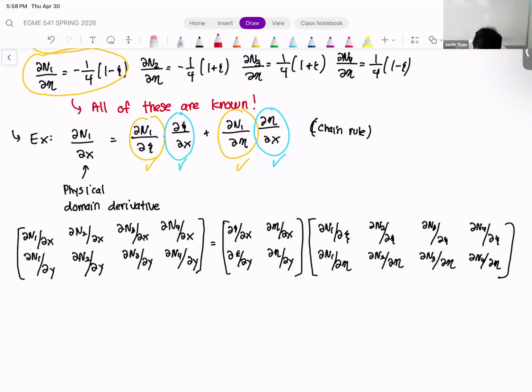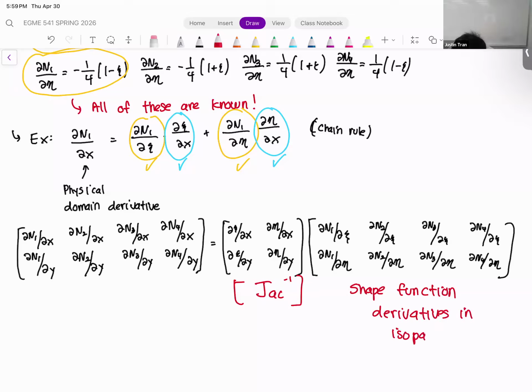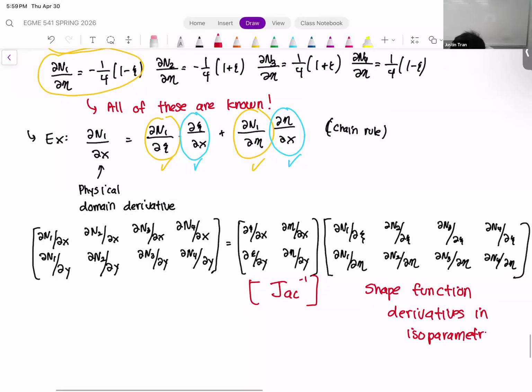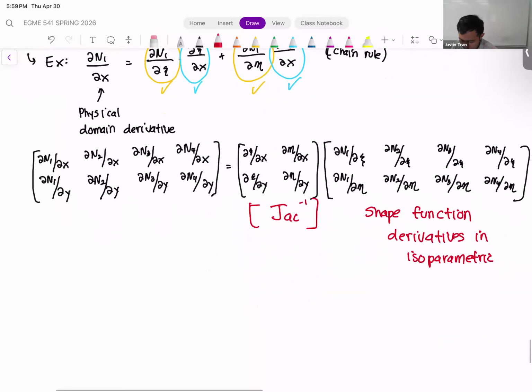And so you can see this first matrix right here, this is our Jacobian inverse. Okay. And this right here is our shape function derivatives in the isoparametric domain. Okay.